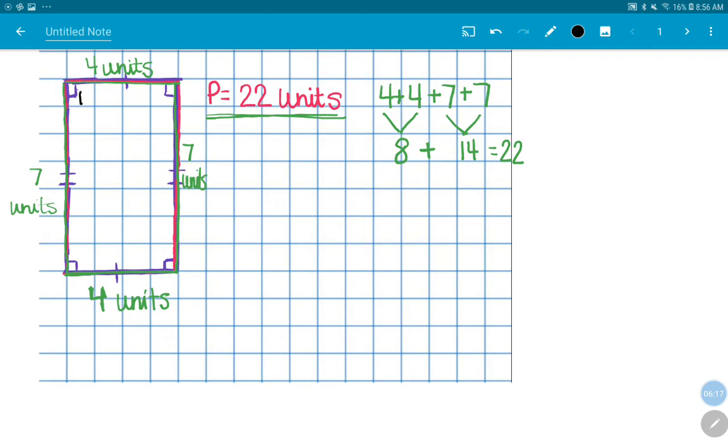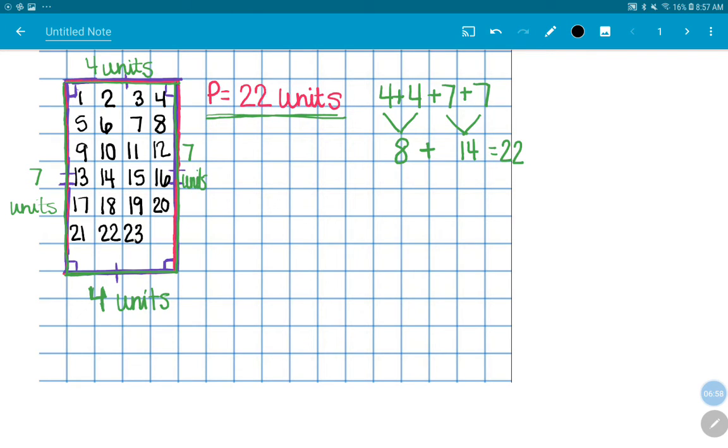So count 1, 2, 3, 4, 5, 6, 7, 8, 9, 10, 11, 12, 13, 14, 15, 16, 17, 18, 19, 20, 21, 22, 23, 24, 25, 26, 27, 28.